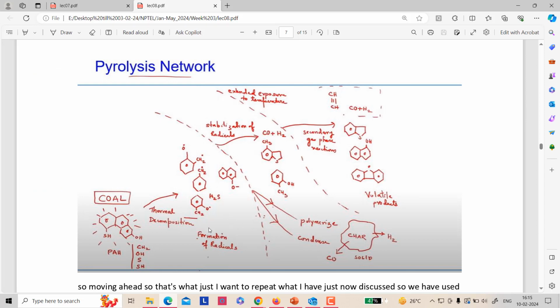So these radicals are polymerized or condensed to form char.